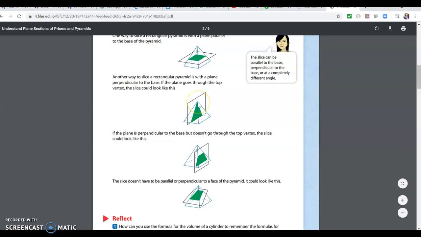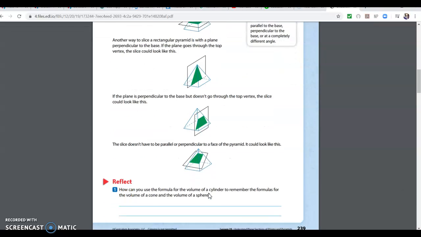Notice if you don't go through the vertex, but you're still going vertical down from the edge, that would end up making a trapezoid. And actually, this is another cross section. It's not parallel or perpendicular to the ground. It's going at an angle, and it also makes a trapezoid.